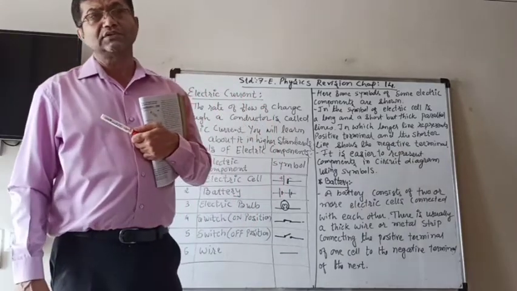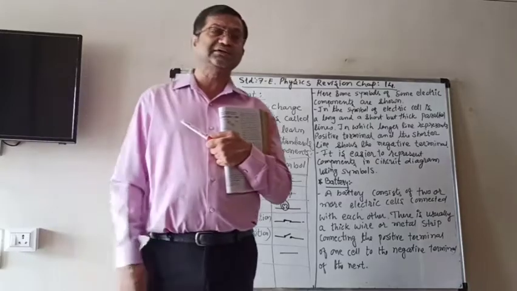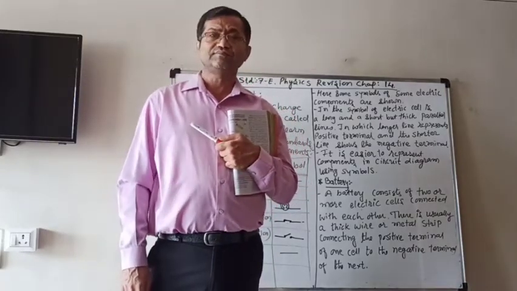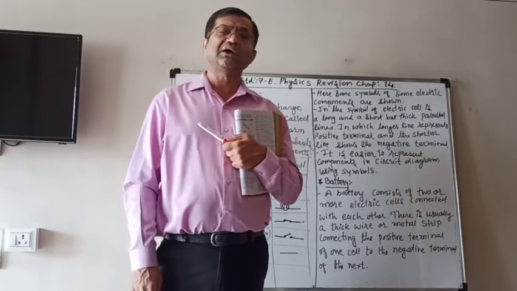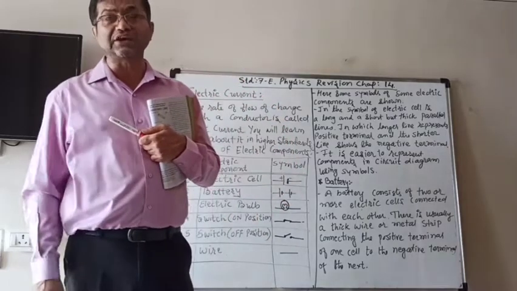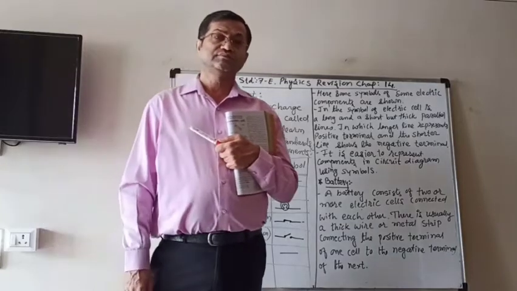But now we cannot connect them just like that. We must be careful that the positive terminal of one cell should be connected with the negative terminal of the next.